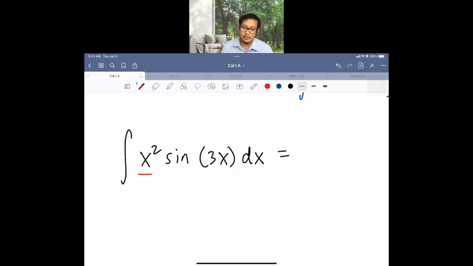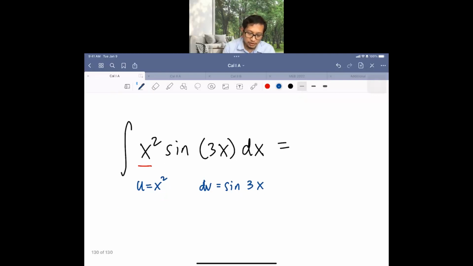So I think that's the best way to observe that this is the best choice for u. So u will be x squared, that's the first one, and dv will be the other part. Because it's a similar structure as before, we select based on the same reasons.